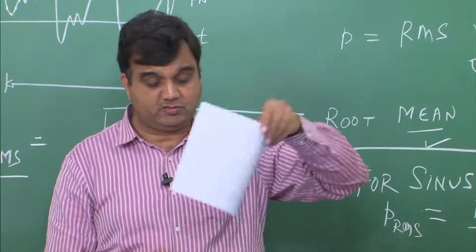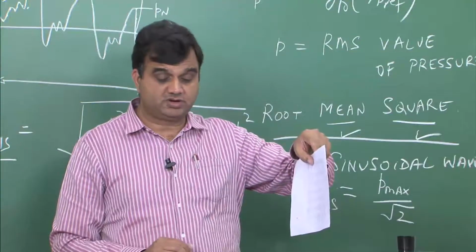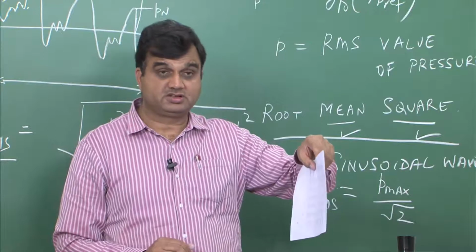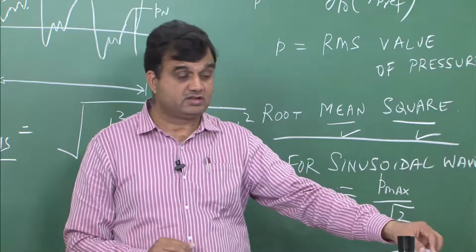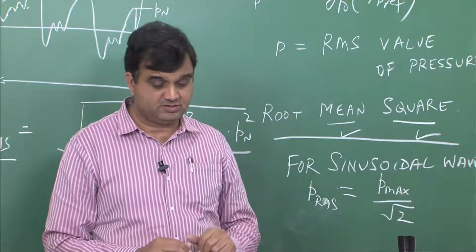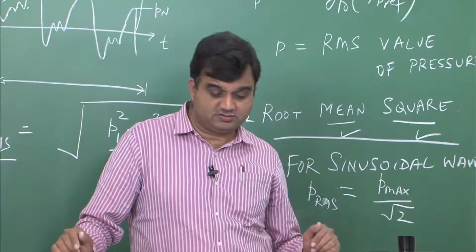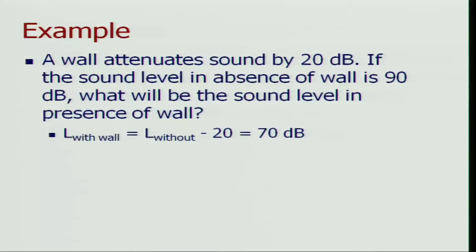Then I put the wall, and the sound pressure level goes down by 20 decibels. So we say that the wall is attenuating sound by 20 decibels. That's the language. So if a wall attenuates sound by 20 decibels, and in absence of the wall we hear sound at 90 decibel level, what will be the sound level in presence of the wall?